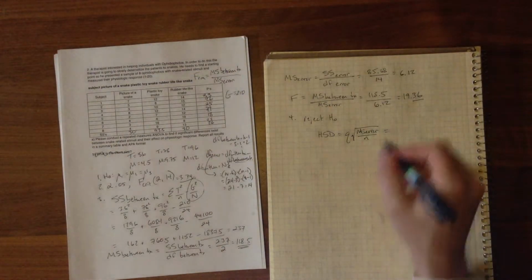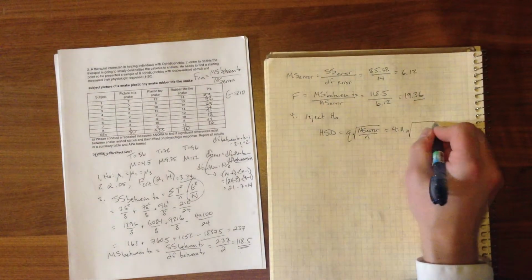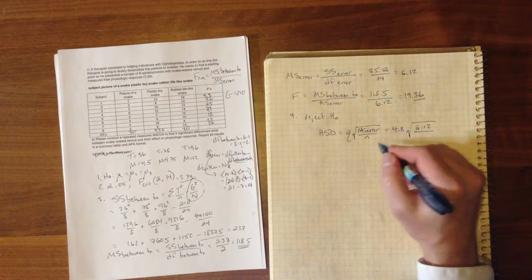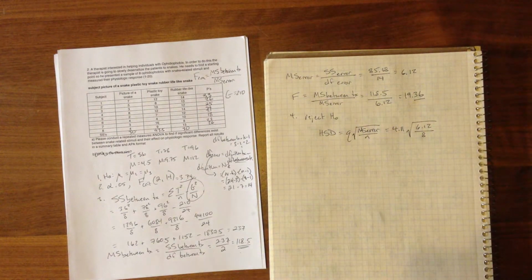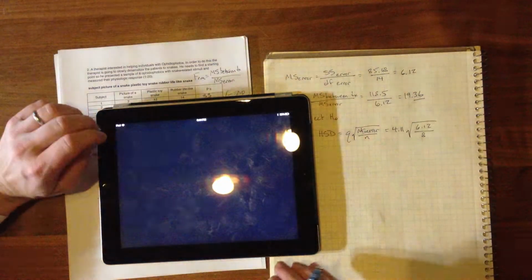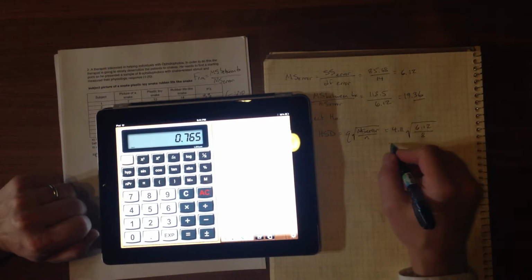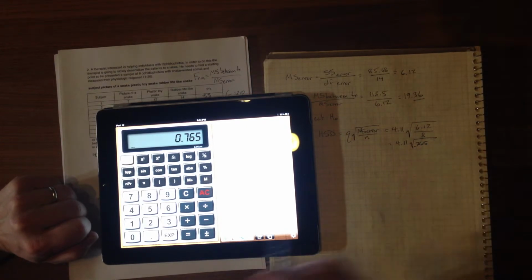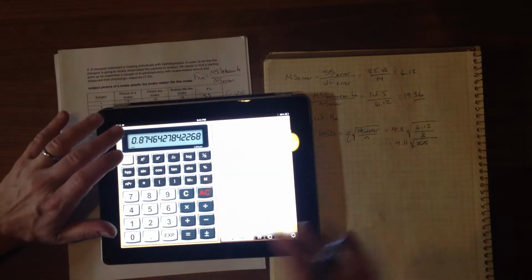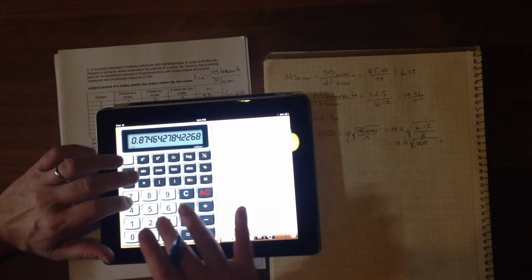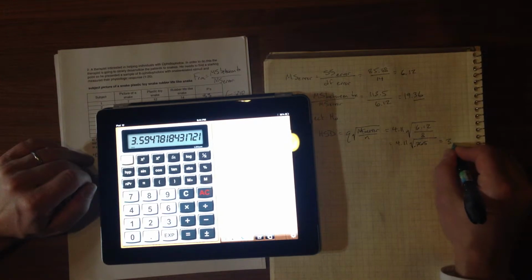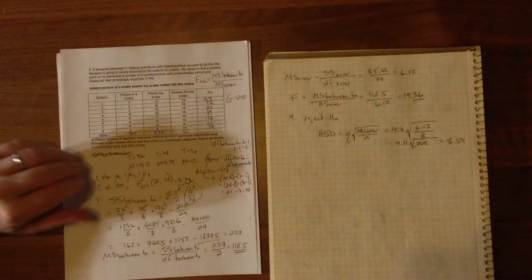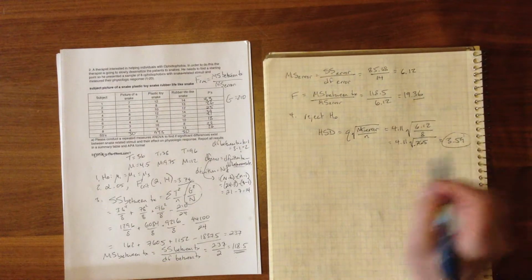So 4.11 is Q. Multiply that times the square root of 6.12 over N, which is 8. Divided by 8, so that's going to be 4.11 times the square root of 0.765, which is 3.59. Alright. This is the honestly significant difference.